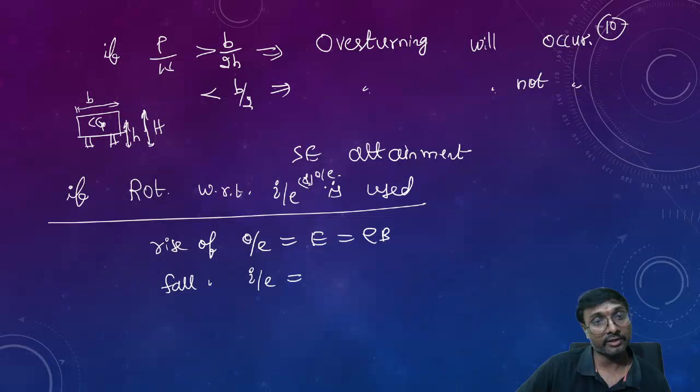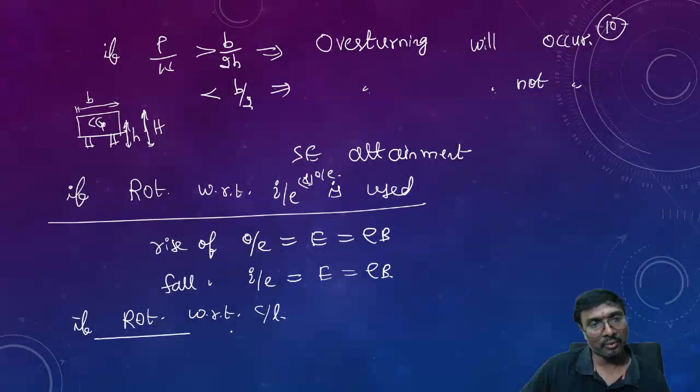Rotation with respect to outer edge, if you are keeping, it is the fall of inner edge. Rotation with respect to inner edge means rise of outer edge, right? What can you say? That is your capital E only, that is your small e into B only, right? If rotation is with respect to this center line, then what happens?